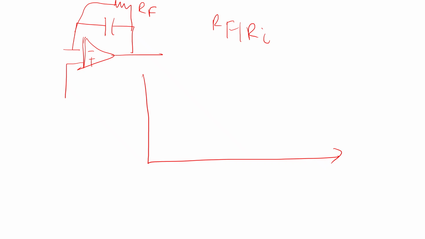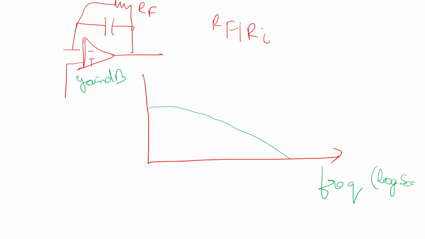So if we take frequency on a log scale and gain in decibels, at the initial frequency this is the frequency curve, and as the frequency goes on reducing, the gain will also decrease.